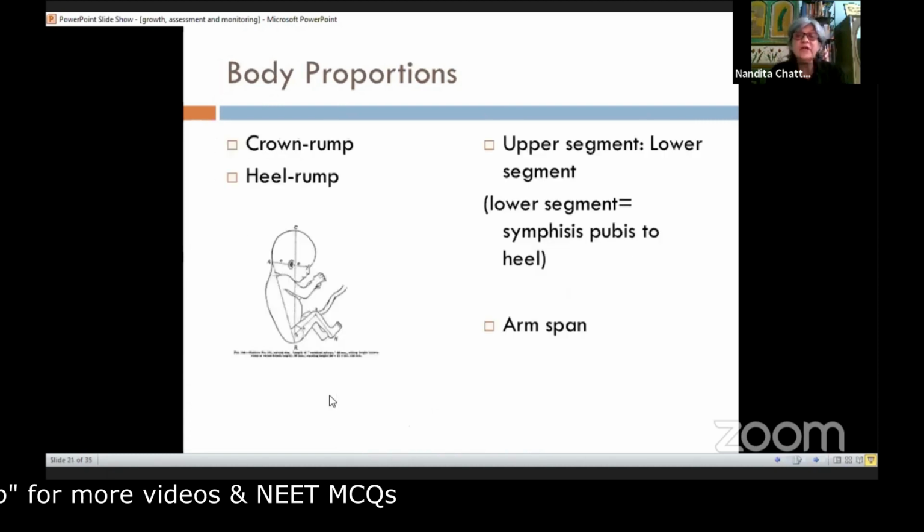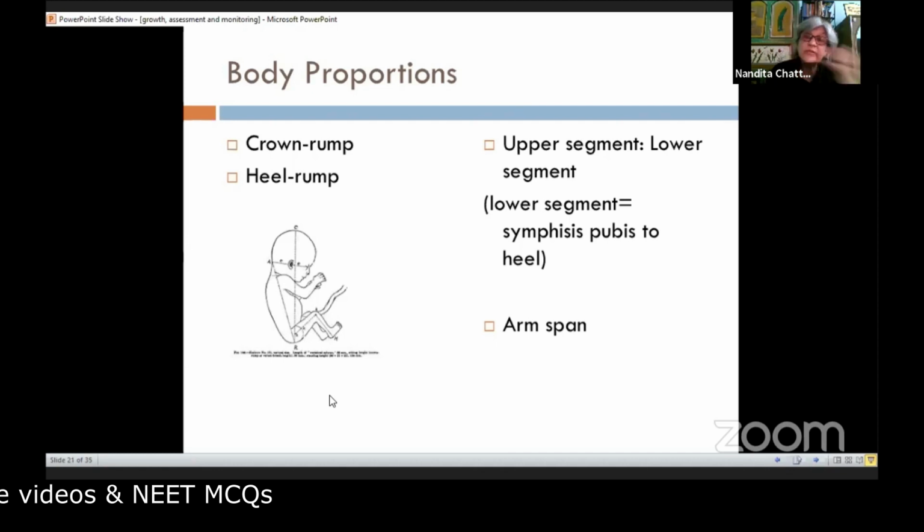So we also need to measure the different proportions. How do we do it? In older children, we do the upper segment to lower segment ratio. We take the length or the height, and then we take the length from the symphysis pubis to the heel. This gives us the lower segment. Subtract that from the height, you get the upper segment, and you take the ratio.